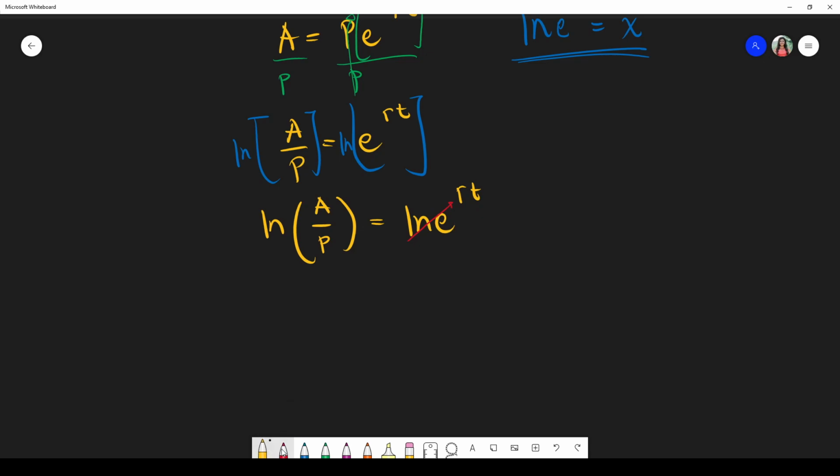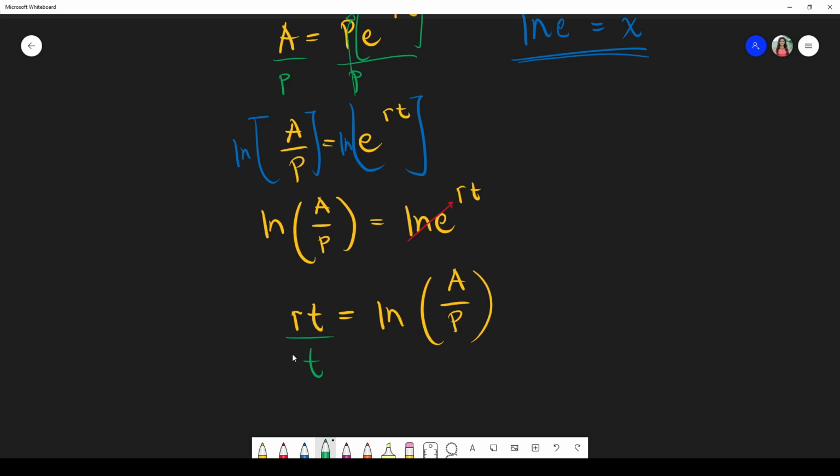So if we are going to rewrite this, it would give us r times t is equal to ln of A over P. Now, this is why I said that the steps to solve for r and t are just the same, because if we want to solve for r, we have to divide this side by t to isolate r. Whatever we do on one side of the equation, we have to do on the other side.